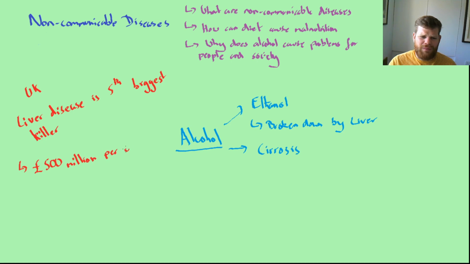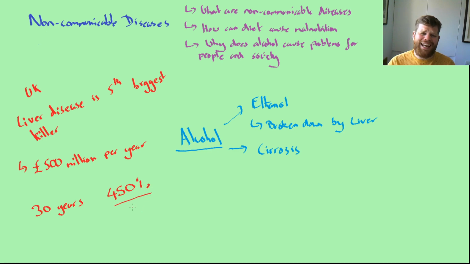Now, that's just one thing. Liver disease is related to alcohol. But this is the really staggering bit. In the last 30 years, the number of alcohol-related deaths and diseases have increased 450%.